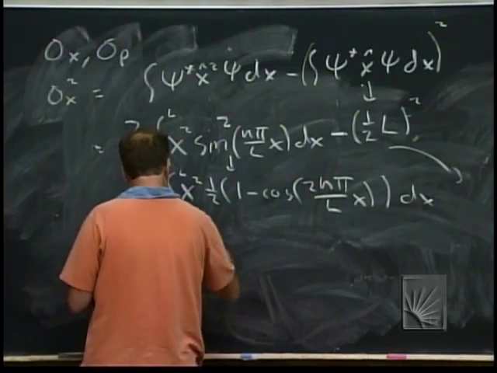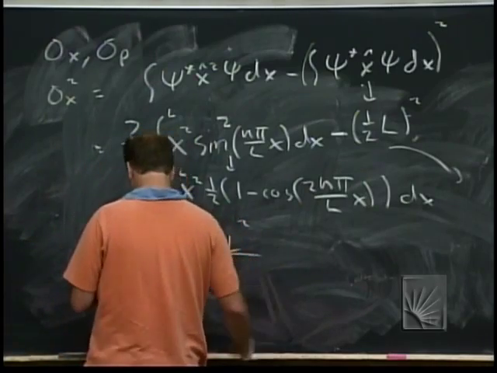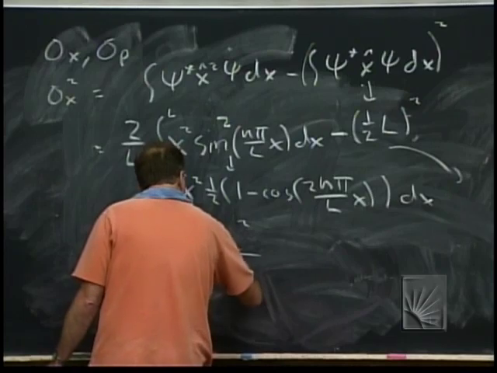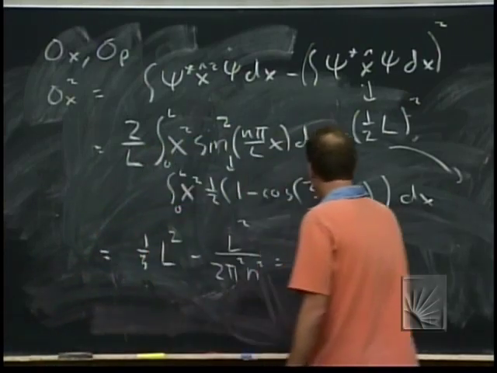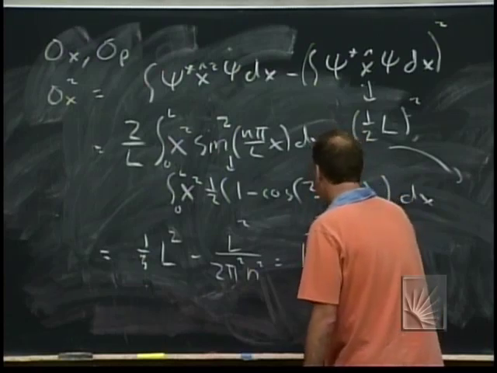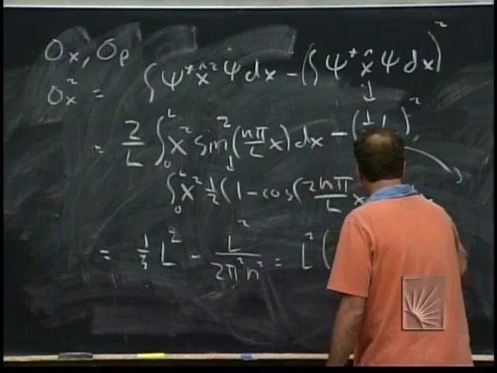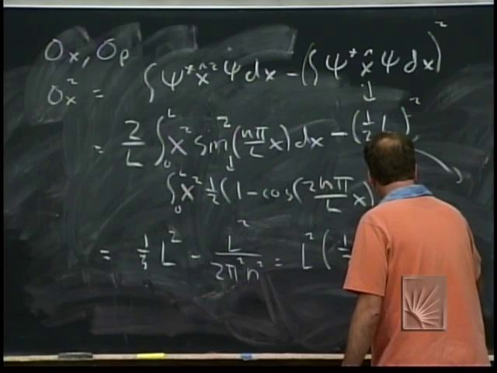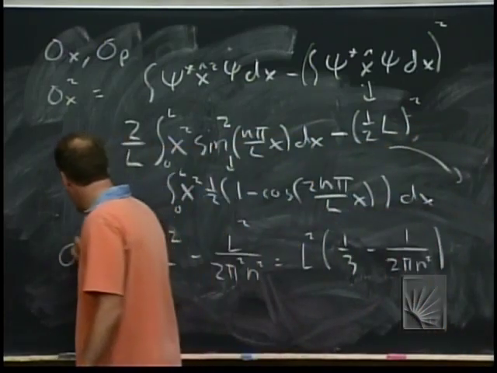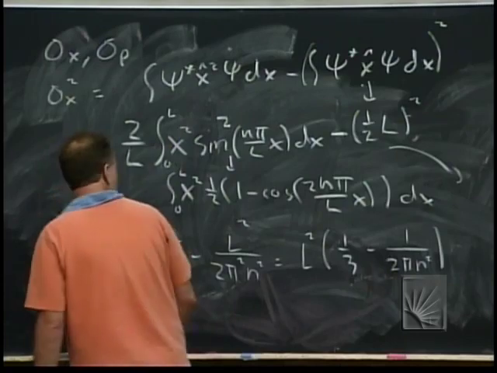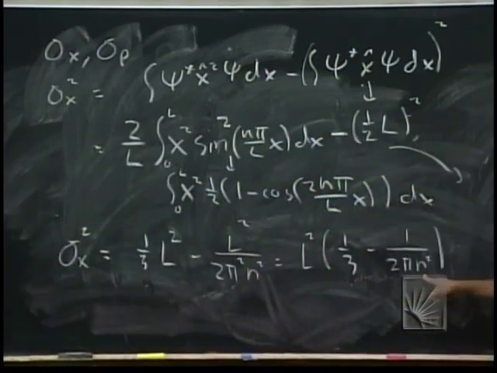And the second part is minus L squared over 2 pi squared n squared. So the whole thing is L squared times 1/3 minus 1 over 2 pi squared n squared. Fine, that's what it is. There's nothing intrinsically interesting in it, but that's what it is. Okay?